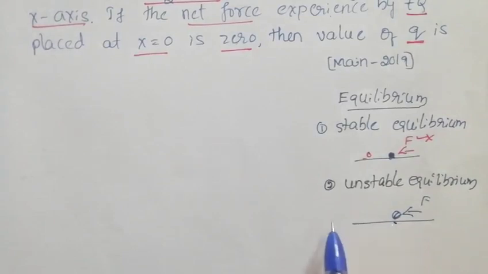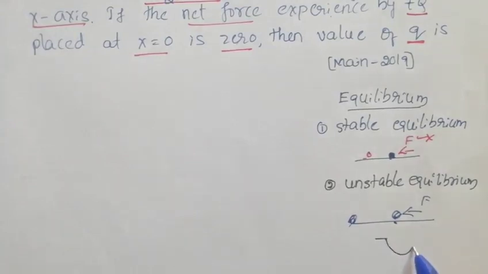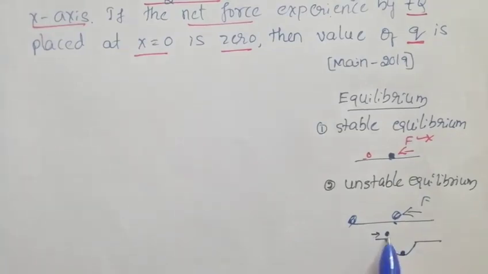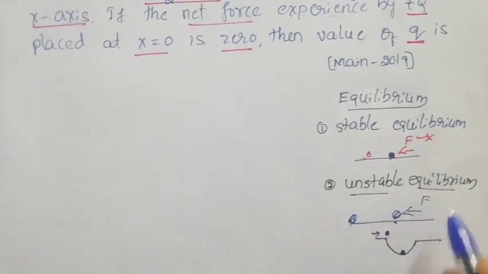It will acquire a new position, go somewhere and stay there. This is what we call unstable. The best example is a bowl. This point is stable equilibrium, because if you disturb it and keep it here, it will come back here only. Now take one more point here. If you apply some small force, it was initially here, but it will acquire a new position. That is what we call unstable equilibrium.